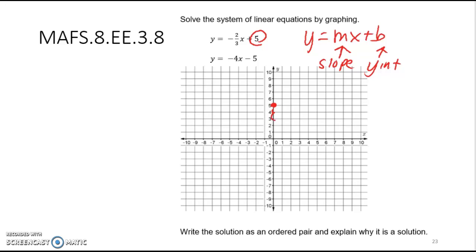So down 2 and over 1, 2, 3. I now have my 2 points, and I can graph my line. That did not work properly, so I'm going to go ahead and graph my line.